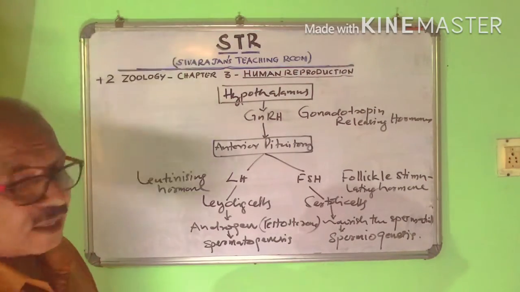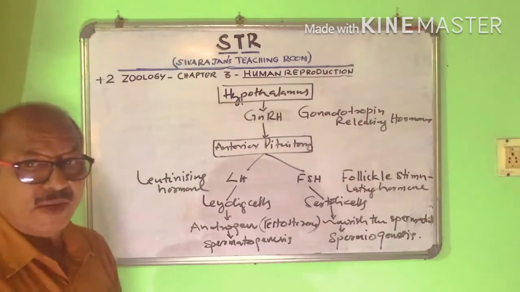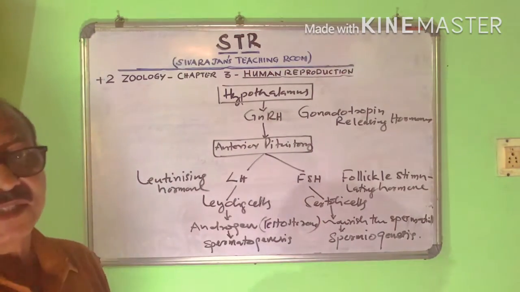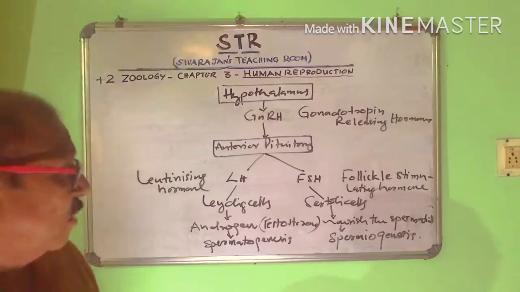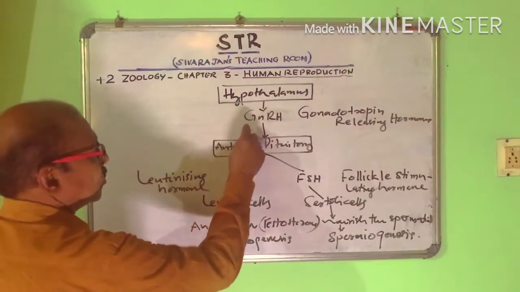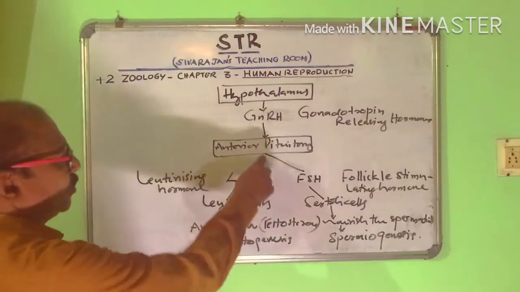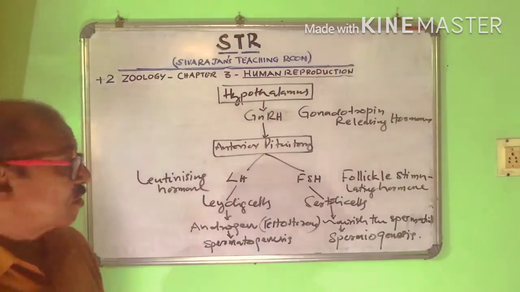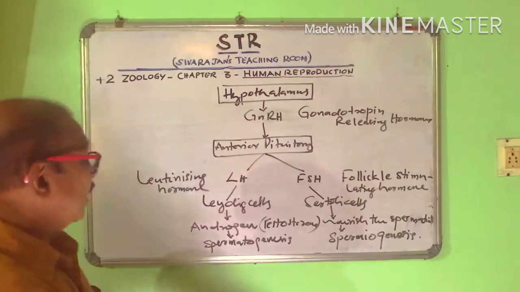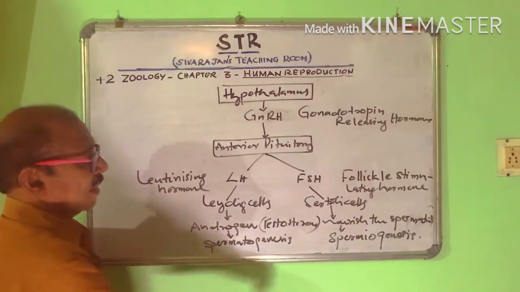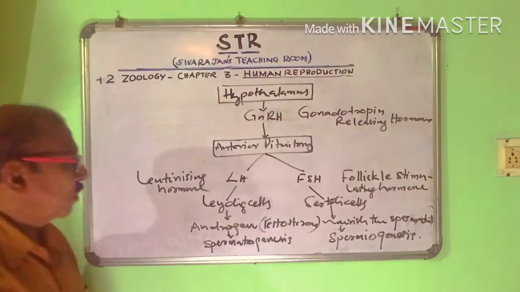The presence of GnRH becomes high when the boy is about the age of 10, 11, 12, that means at the time of puberty. So GnRH induces the anterior pituitary to produce the gonadotropins, LH and FSH.